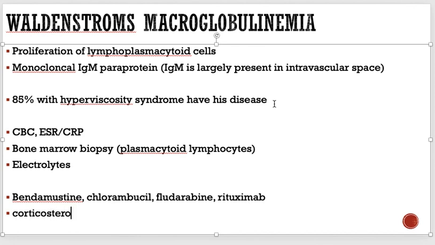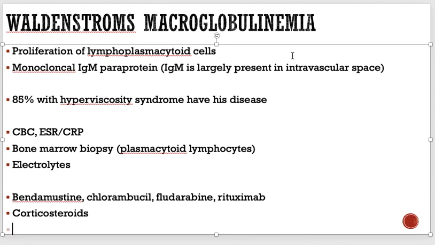We can give them corticosteroids. Okay, and one very important treatment which I'm talking about last: if any patient is having hyperviscosity syndrome, and why they have hyperviscosity syndrome, because there is IgM paraprotein monoclonal proliferation, and IgM is largely present in the intravascular circulation.